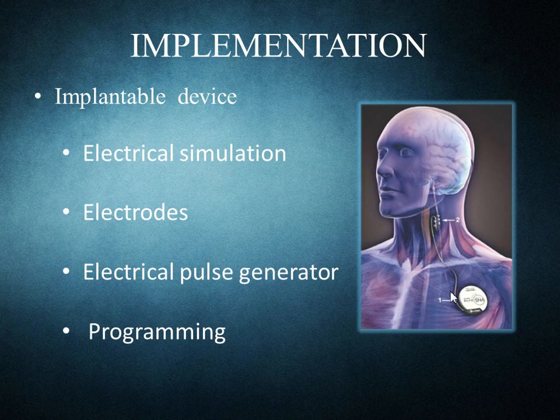To give the electric currents, we are using a pulse generator, and to receive those electrical pulses, we are using electrodes, and to give those electric currents at the proper times, we are using a programming part.